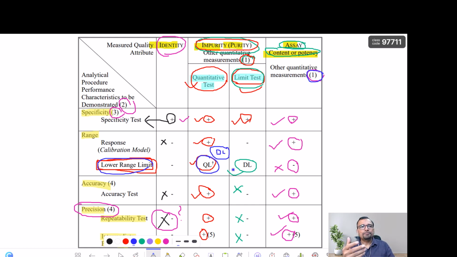Let us talk about another content, not exactly assay content or the potency, but where your lower range limit is not needed to be near the quantitation limit. It means you are not expecting that this particular substance should be available as low as possible. It has to be available at a certain defined content, for example, preservative content or antimicrobial content.